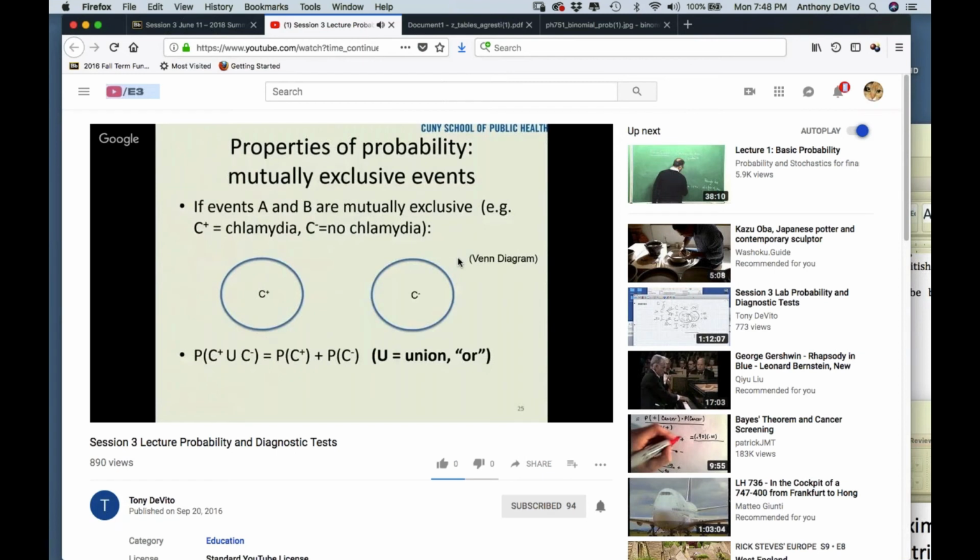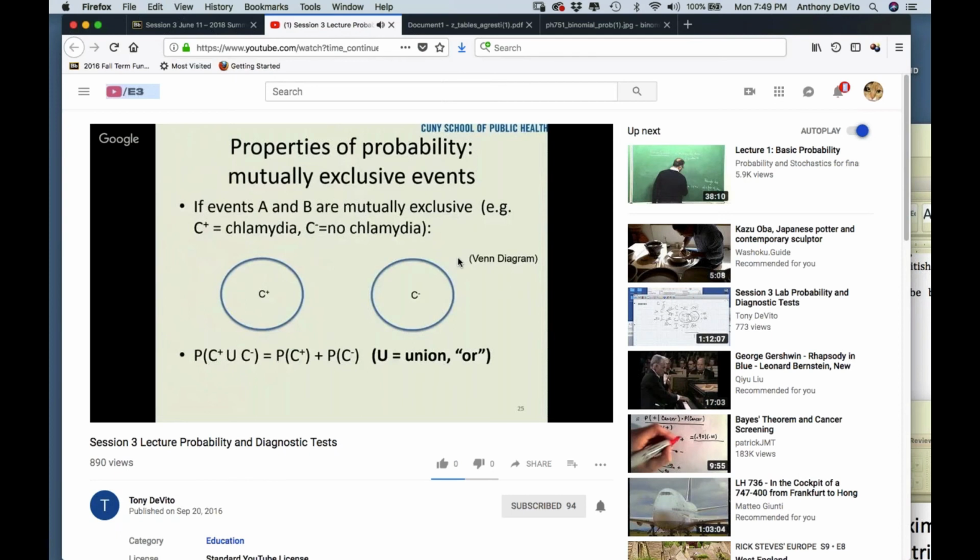If there was overlap, would the probability of the union be more or less than in this case? More, right? Because you're adding them together. It's always going to be more.